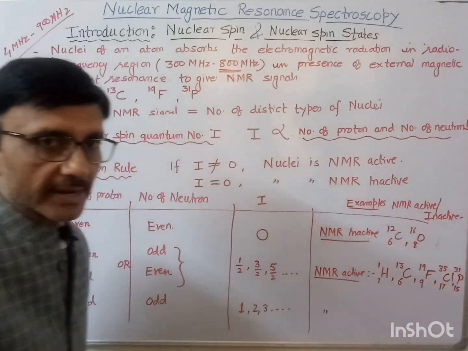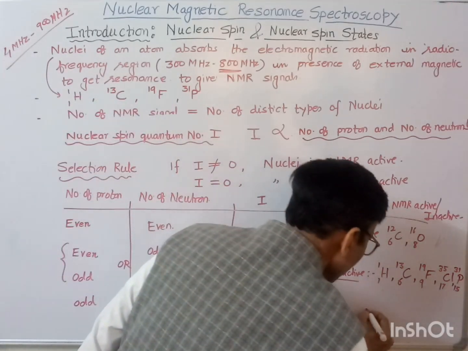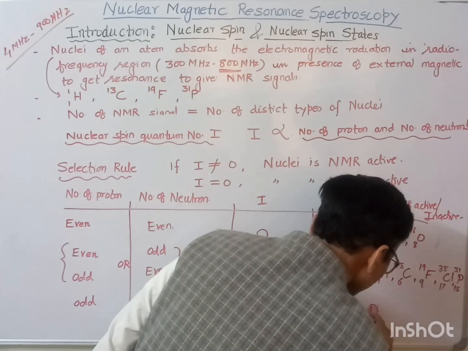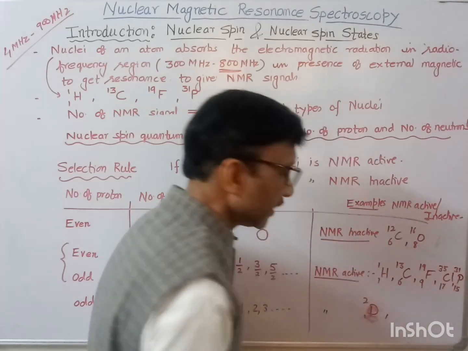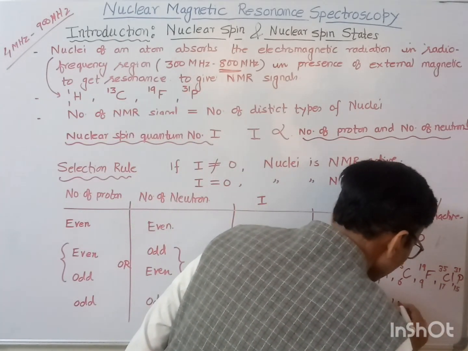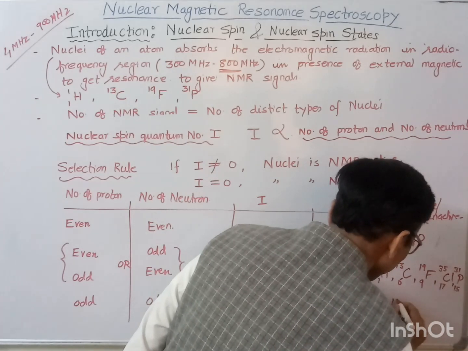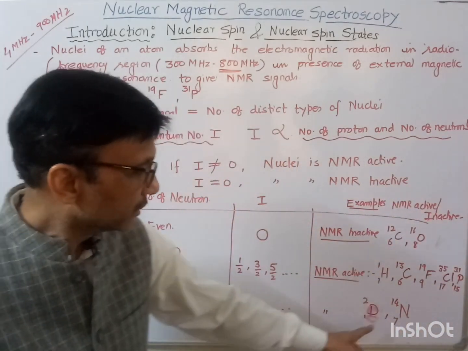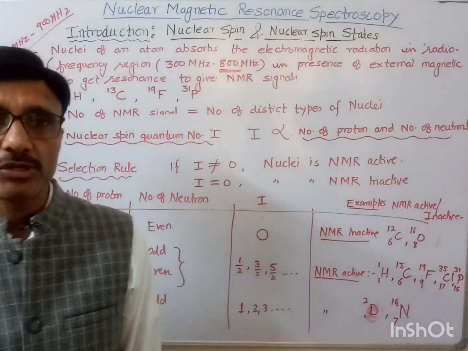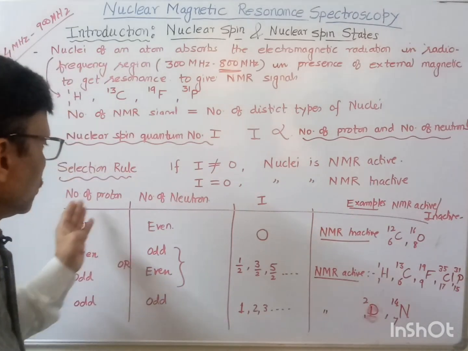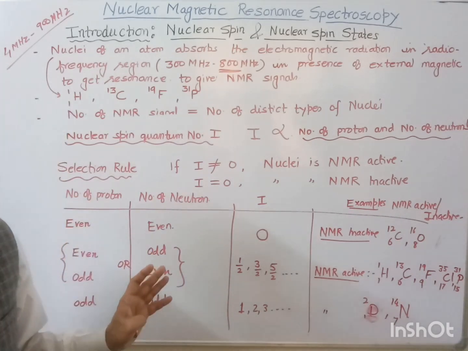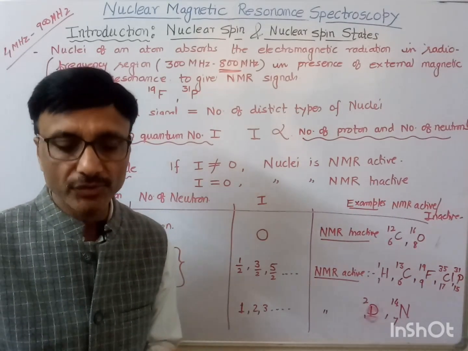For example, deuterium, or nitrogen 14. Here the proton is odd, 14 minus 7, the neutron is also odd. So some of these nuclei are NMR active and some are NMR inactive.